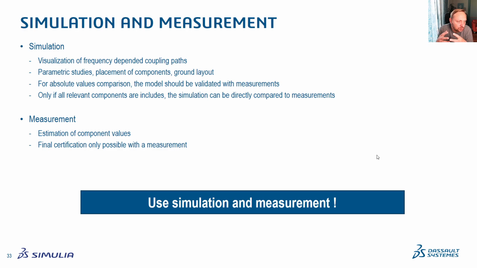And of course, you should always make sure that your simulation is validated with your measurements. So for the first projects you are doing, you need to do simulation and measurement step by step. Once you know how your components behave, once you know some particularities of your transistor switches and so on, the next step is to use the simulation in a predictive way for future setups. But in the first project, even as painful as it is, you should do step-by-step validation of your simulation with some measurement results.